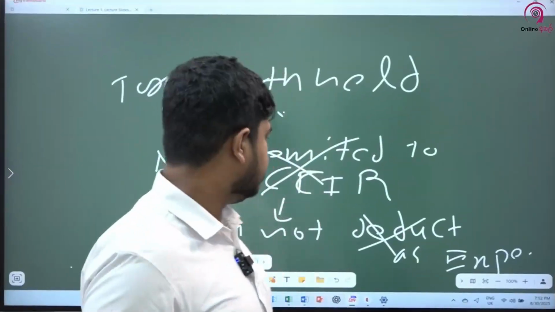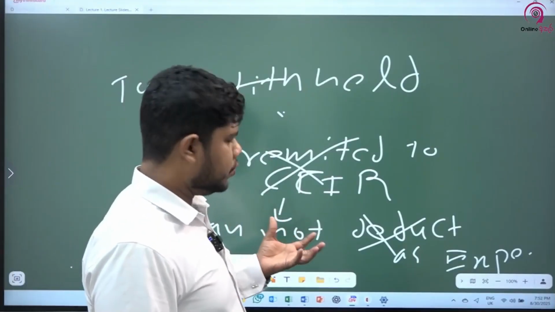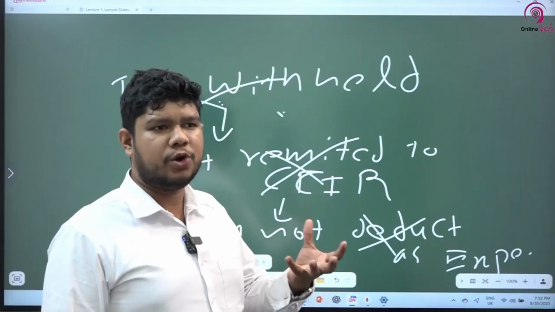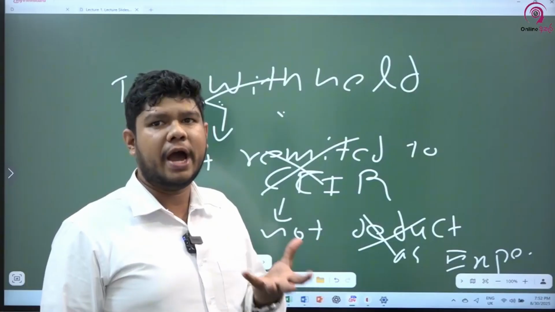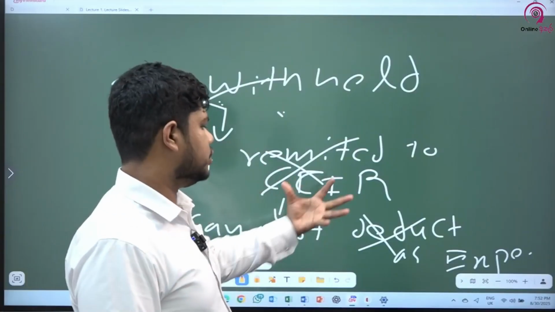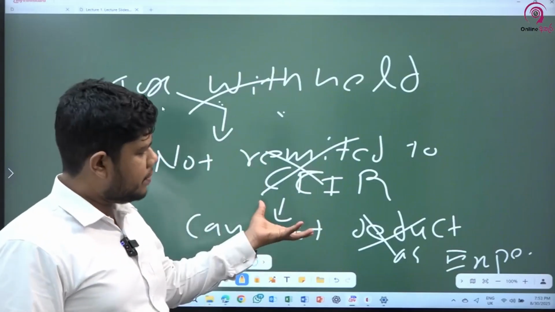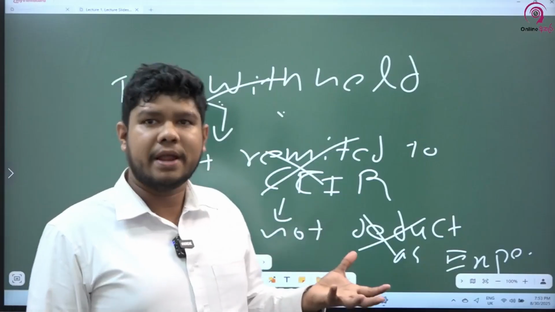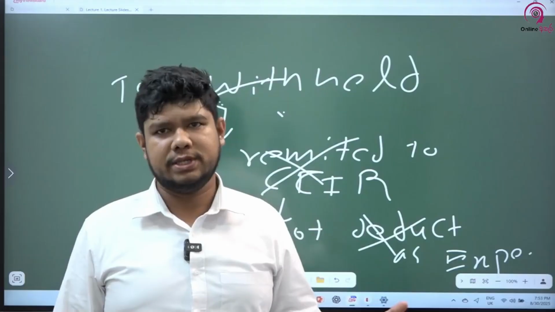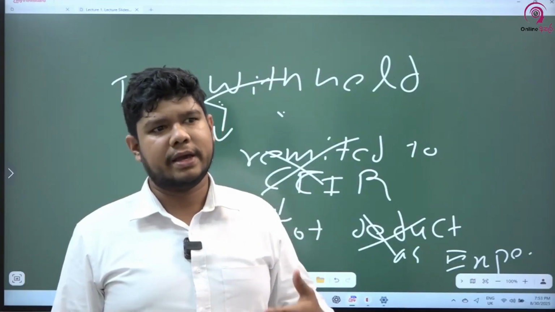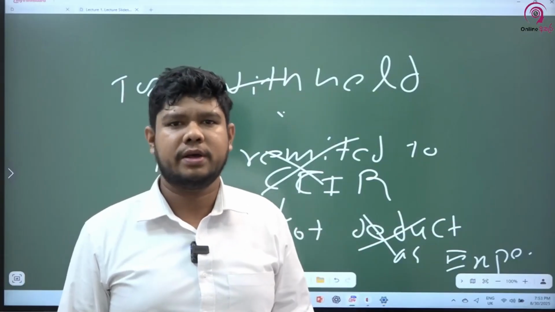In this view, you couldn't withhold, so there is no tax withheld in your hands, so you can't make payment to CGIR. So obviously there is no application of this section. This section applies only if there is tax withheld which is not remitted to CGIR. In a case where you couldn't withhold and you make the full payment, it is not applicable.